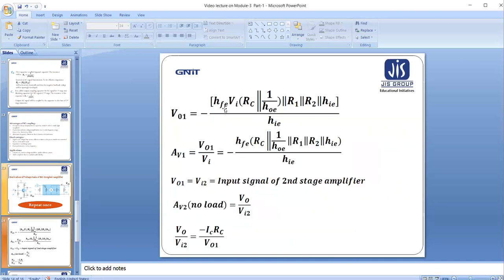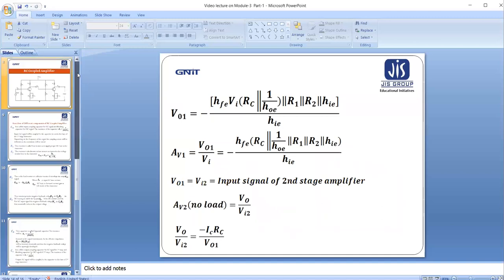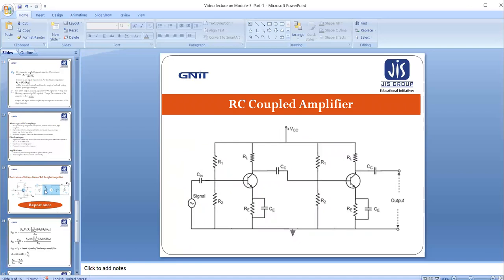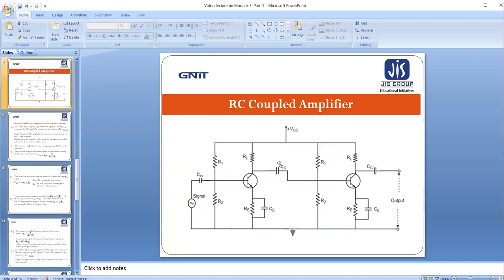So therefore, V01, what is V01? V01 is the output of the first transistor. When we are calculating V01, the effective load will be RL, R1, R2 and the hie of the second transistor.